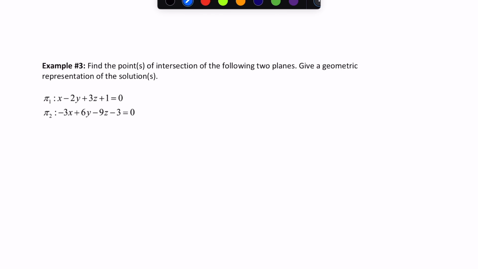So here, for our first equation for plane number 1, we'll multiply that by -3 to give us the equation -3x plus 6y minus 9z minus 3 is equal to 0. And for plane number 2, again, we have -3x plus 6y minus 9z minus 3 is equal to 0.